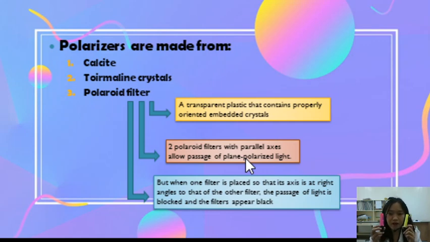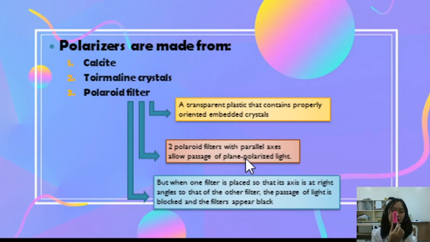Kuha. Pero but when one filter is placed so that its axis is at right angle to that of the other filter, the passage of light is blocked and the filter appears black. Kanina, kapag parallel, there is the passage of plane polarized light. Pero kapag pinis mo siya ng perpendicular to each other, so, mabablock yung passage ng light.